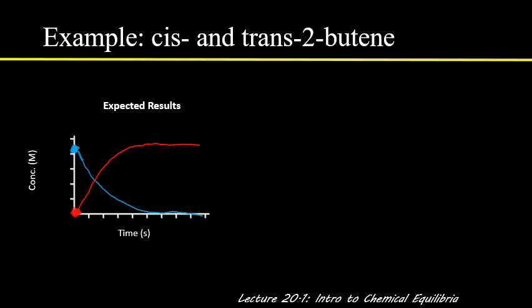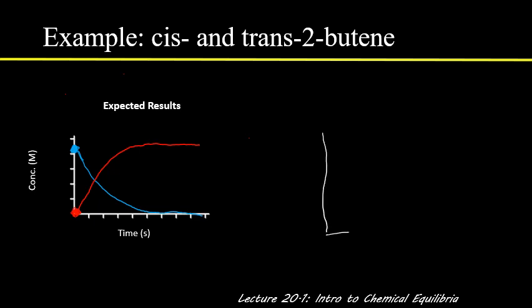Turns out that's not what we actually see when we do this. What we actually see, this is supposed to pop up, but it's not popping up, so I'm just going to draw this here.